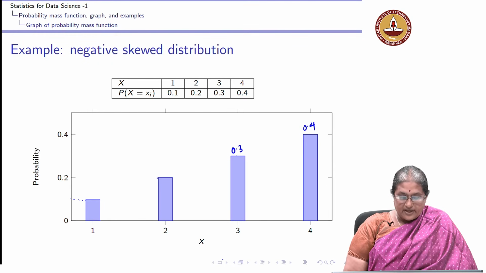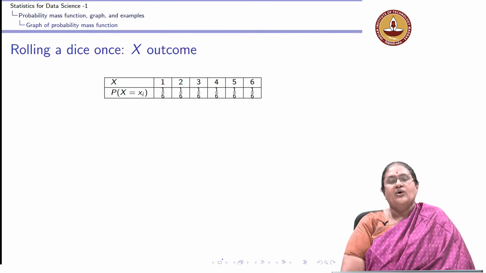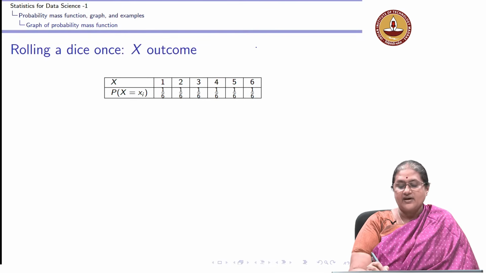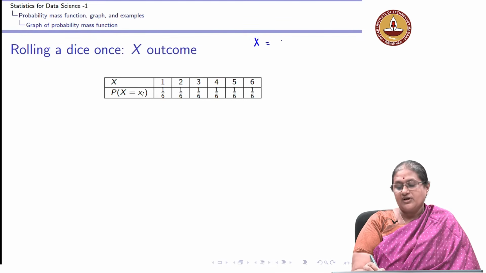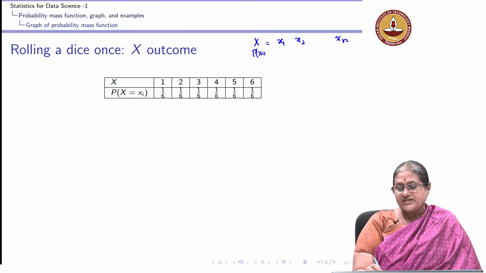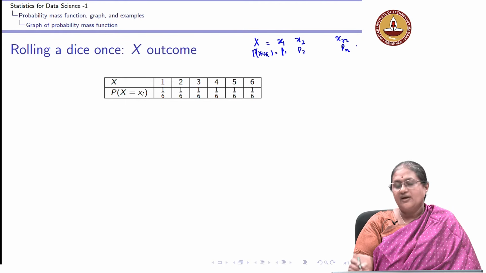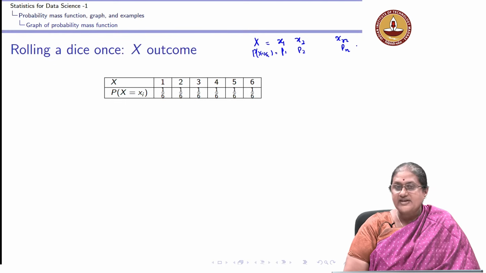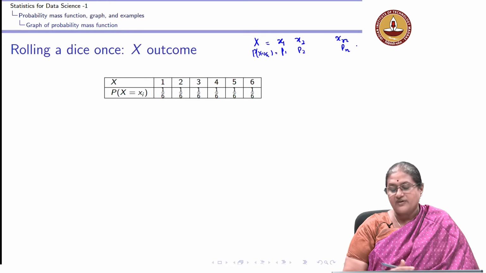So, in summary, you can see that whenever I have a distribution of x taking values x1, x2, xn with probability of x equal to xi with p1, p2, pn. For now, I am assuming x takes finite number of values.